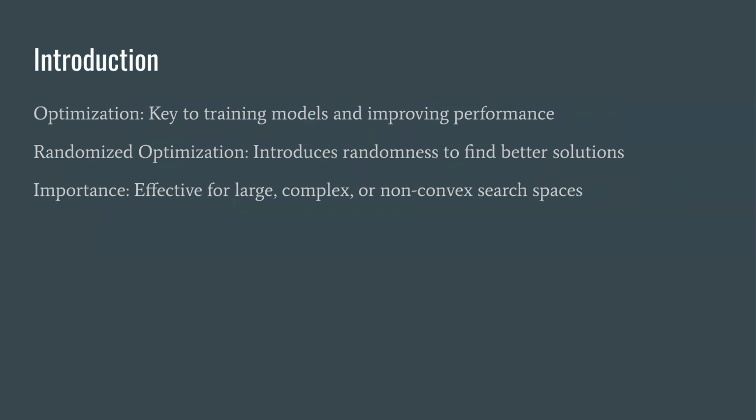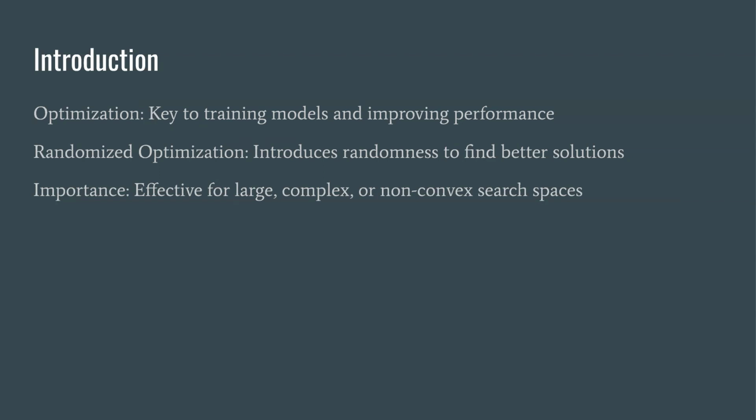So, introduction, let's go over optimization first. Optimization is a key process in machine learning. It is essential for training models, minimizing error functions, and improving overall performance.